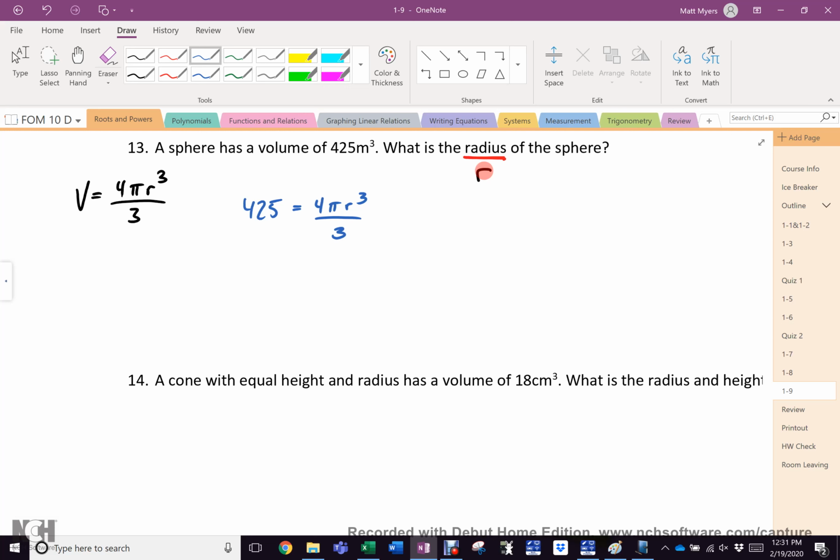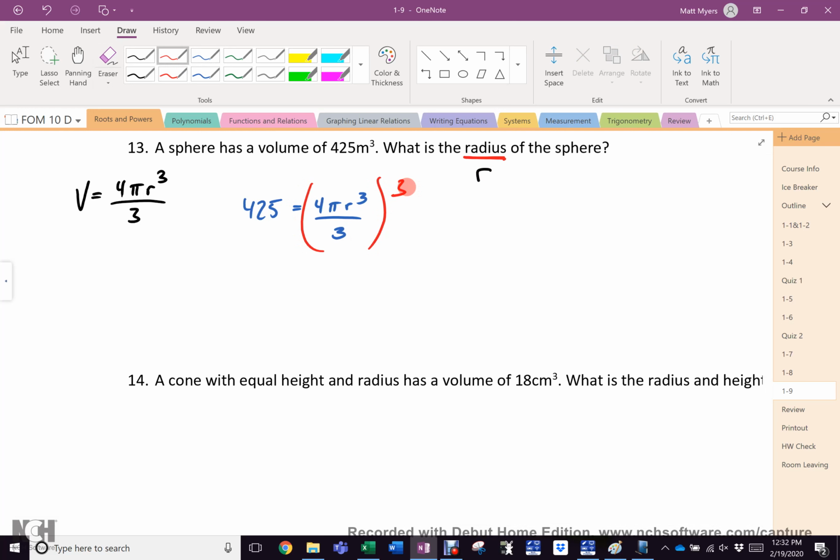Cancel before. You don't cancel. Divide R cubed by 3 and then multiply our 3 by 3. Right? We want to multiply by 3. What? I divided R cubed by 3 and then divided 425 by 3. That won't help you. But you're on the right track.